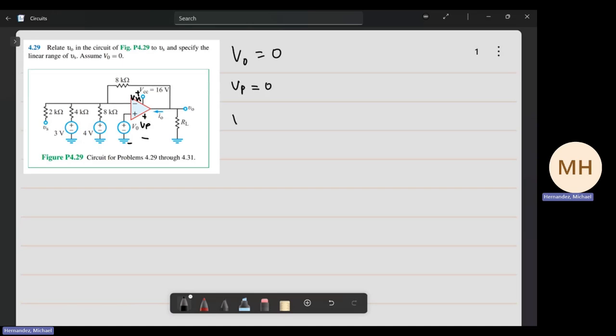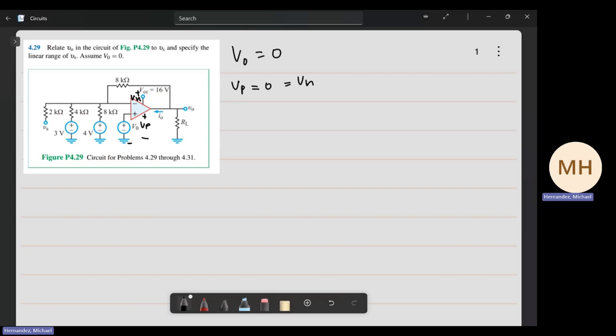When you do VN, do VP, and then you do negative VO, which touches this negative terminal, it is already equal to 0. And you could just move this VO to the other side. All right, and with the same idea, you can go to VN. So this would also be equal to VN.